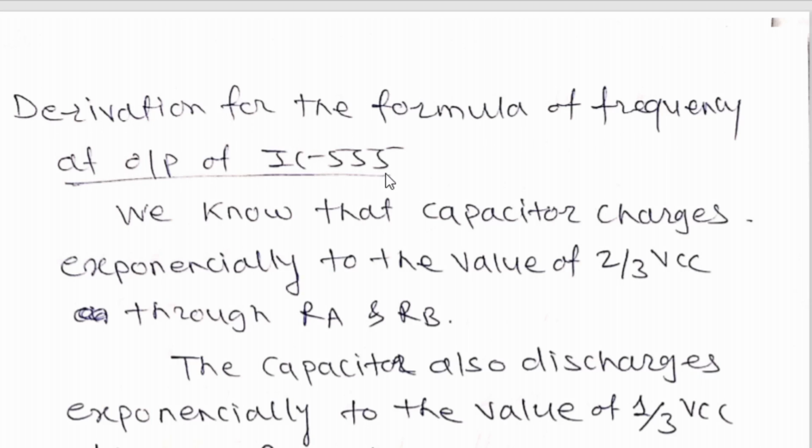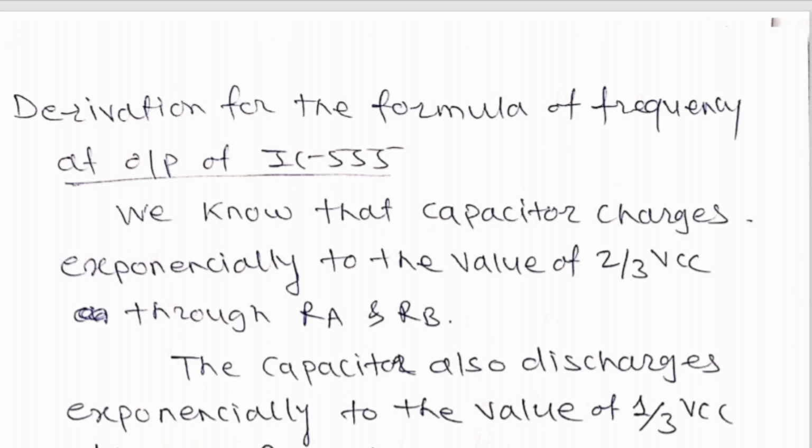So we know that the capacitor, which is externally connected in the circuit diagram of IC555 as an astable multivibrator, gets charged exponentially to the value of 2/3 VCC through the resistors RA and RB. So this already we have studied in the previous lectures.